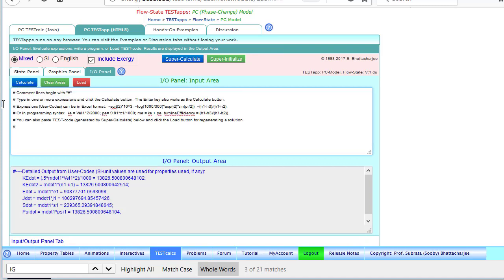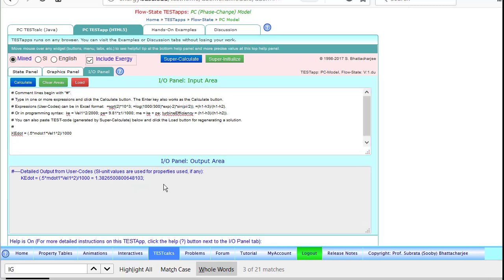You can either do KE dot equals 1/2 m v squared, or 0.5 times m dot 1 times velocity 1 squared, all divided by 1000 to get it into kilowatts. And you'll get about 1.38 kilowatts for the rate of transport of kinetic energy.